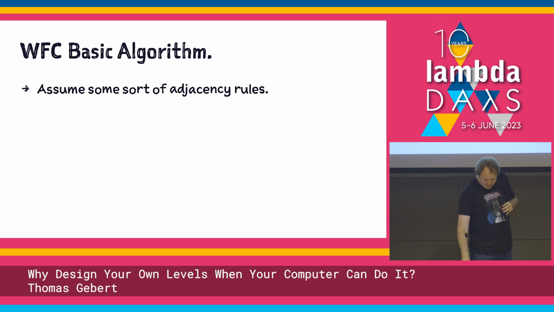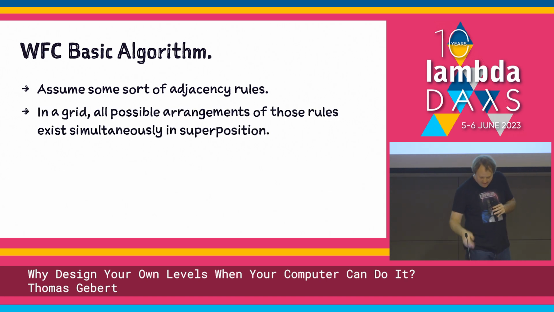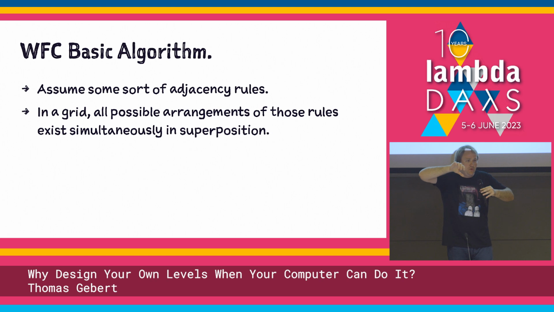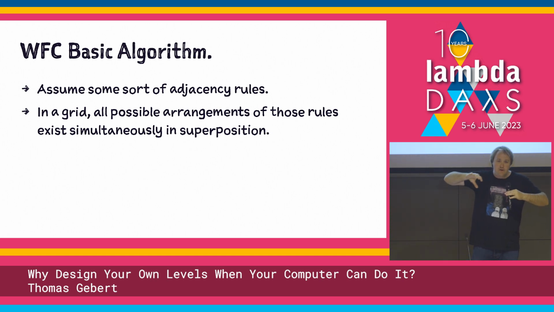The basic algorithm is you have some sort of adjacency rules, either provided from sample data or that you define yourself. Then you assume, in a grid or an n-dimensional grid, that all these tiles and the states they're allowed to be in exist simultaneously in some sort of quantum superposition.